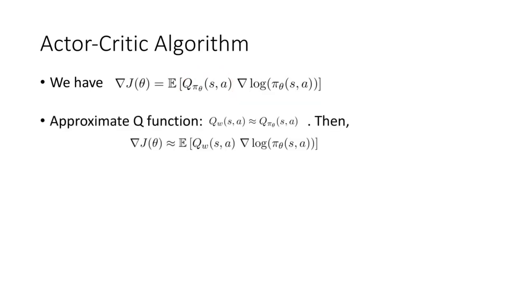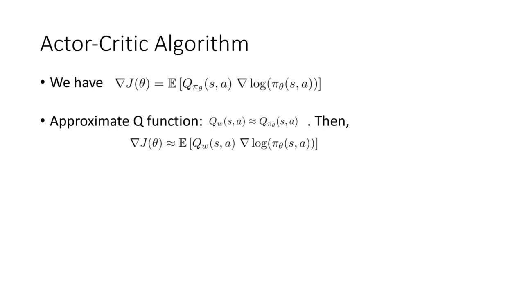But here I have written the q value as if I have a tabular representation of it. But we know that it is impossible to do a tabular representation if you have continuous states or continuous actions. So you want to represent your q value again using a neural network. So you need two neural networks. One is a W neural network, where W is the parameter for the q value, and a theta neural network, where theta is the parameter for the policy.